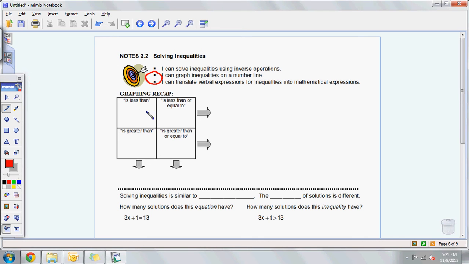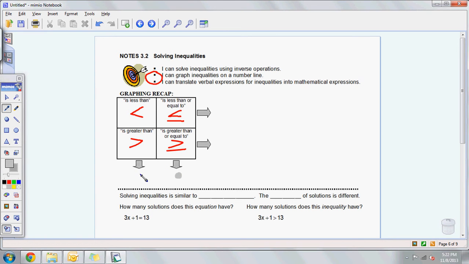So let's just recap a little bit. Remember our symbols. So less than looks like this. Less than or equal to has that line. Greater than, and then greater than or equal to. These have specific ways you're going to graph. These two, what they have in common is that you're always going to have a closed circle when you see those symbols.